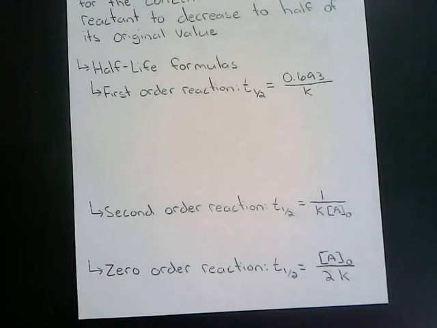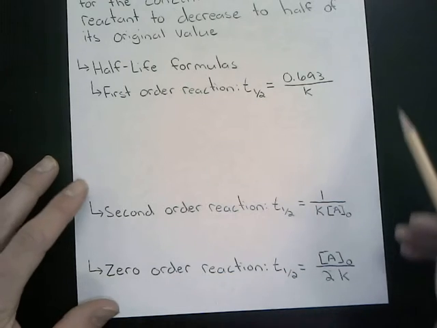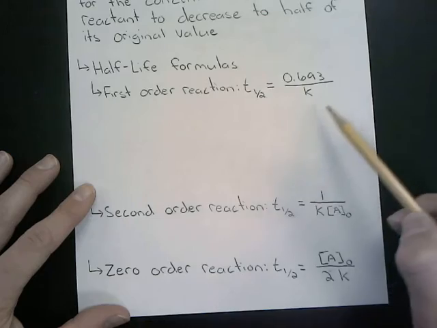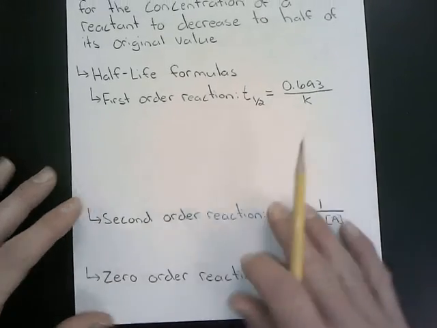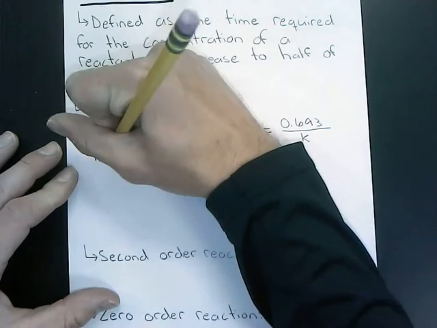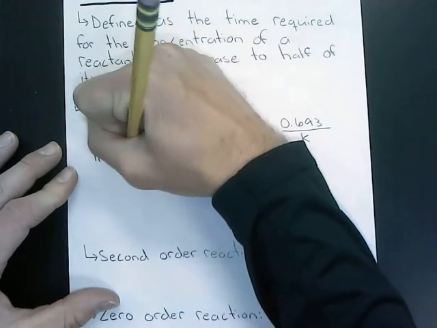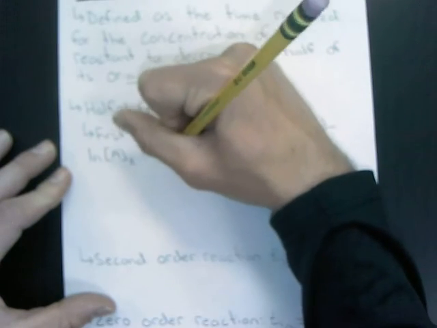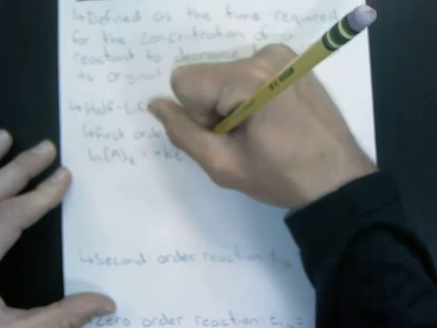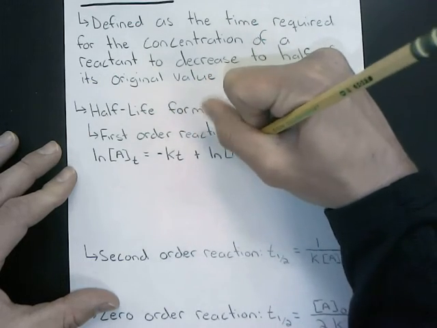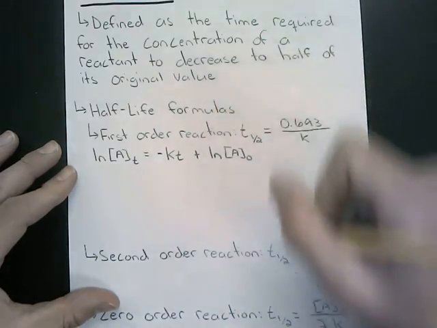Okay? Now, I want to go back up to our first order reaction, and I want to use the integrated rate law to get to this particular formula. So let's remember that the integrated rate law is the natural log of the concentration at some time t is equal to negative kt plus the natural log of the original concentration of your reactant.